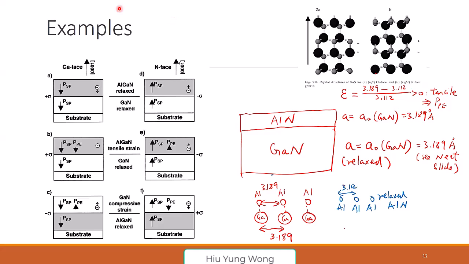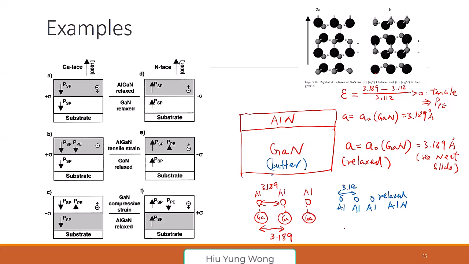Does the smaller lattice material always stretch to the bigger lattice material? That depends on what is given to you. In this case, I say that gallium nitride is relaxed, and this is called the buffer. Whenever you have a buffer, we assume it is relaxed and everything else is stressed to it.